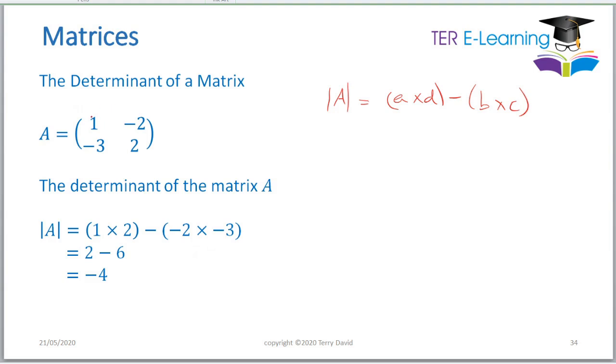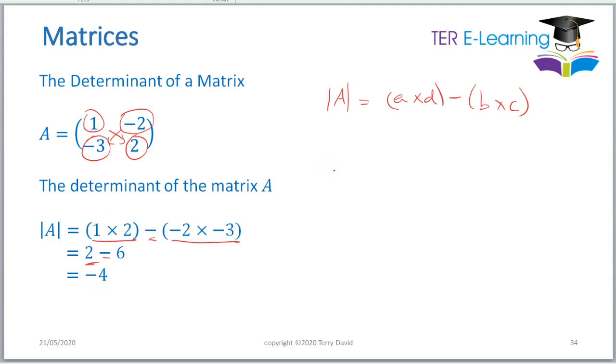So we're going to say this 1 multiplied by this 2 gives me 2. We know in the formula we have a subtraction. And then we take this minus 2 and multiply by this minus 3. So minus 2 multiplied by minus 3 gives me plus 6. So all we're working out here is 2 minus 6, and 2 minus 6 gives me minus 4.